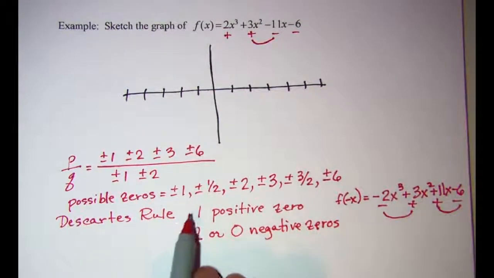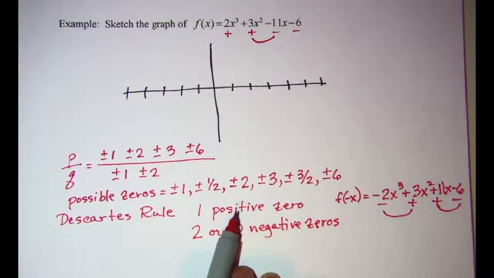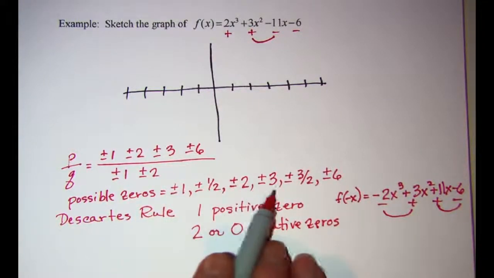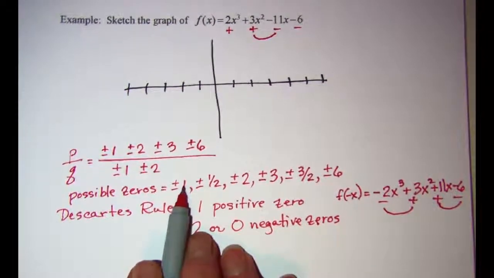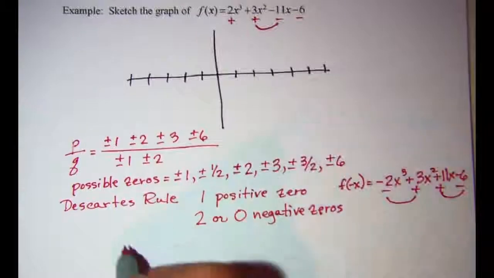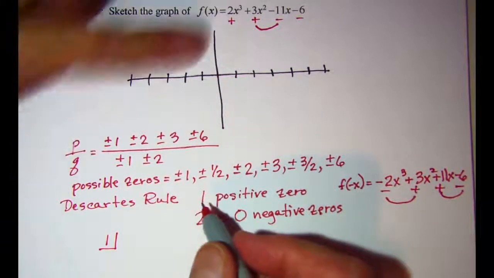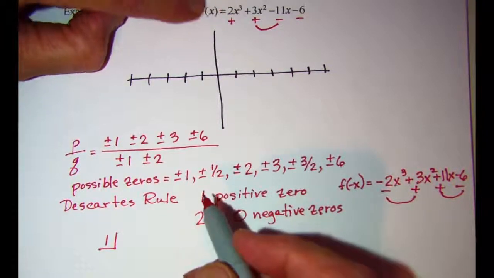So since I definitely have one positive zero, I'm going to check for that first by doing synthetic division. I'll do my whole numbers first, and then if need be, I'll check my fractions. But let me check positive 1. My function, I'm going to use just the coefficients here.